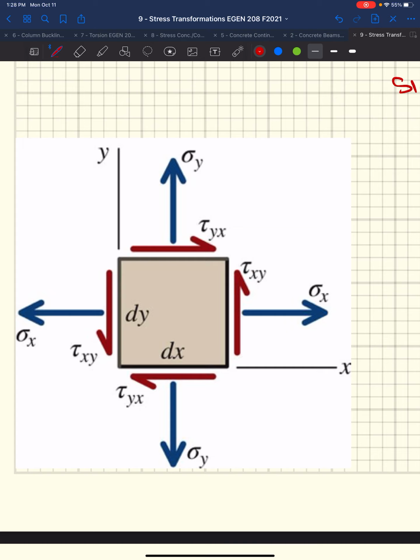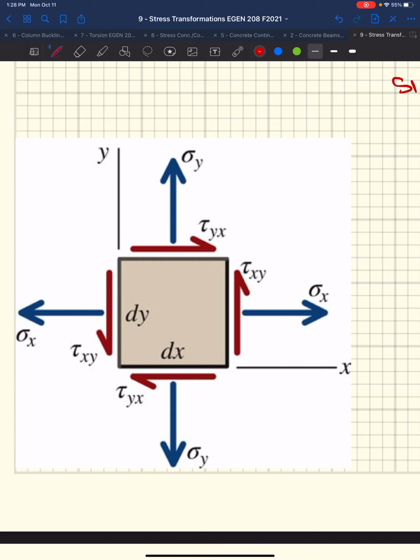So you have the face in which the shear stress acts, which would be either positive x, positive y, negative y. And then you have a direction in which that force acts: positive y direction, negative y direction, positive x, negative x. So we use that product rule, essentially.